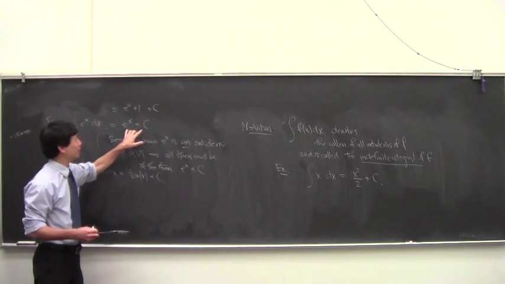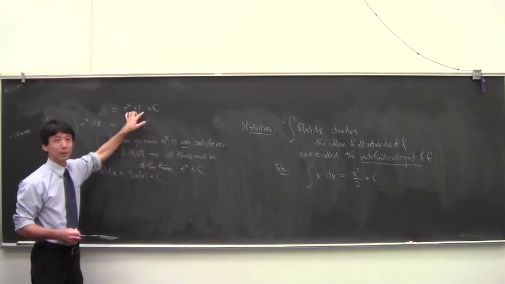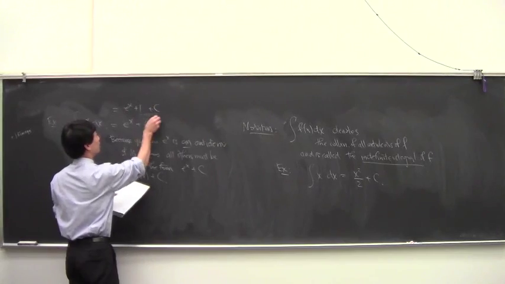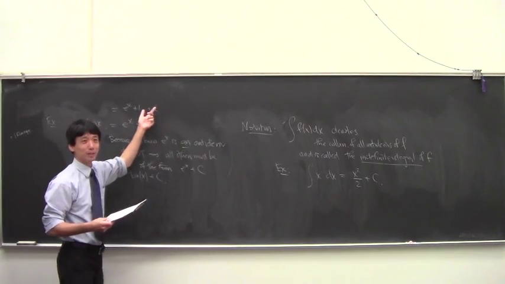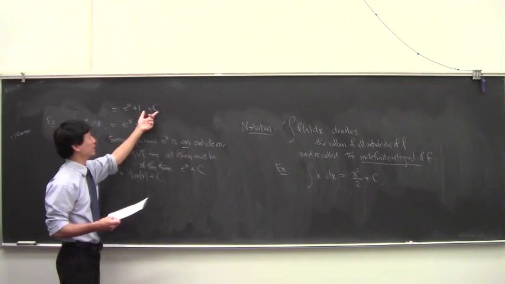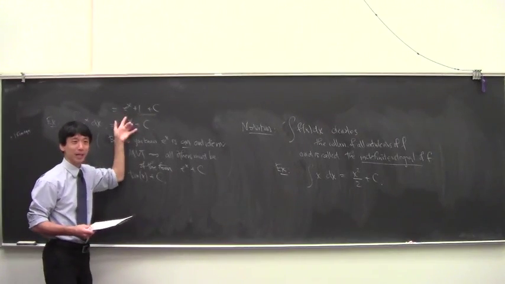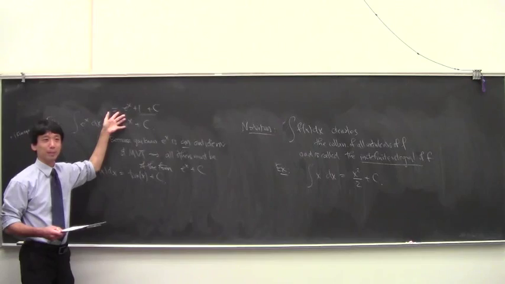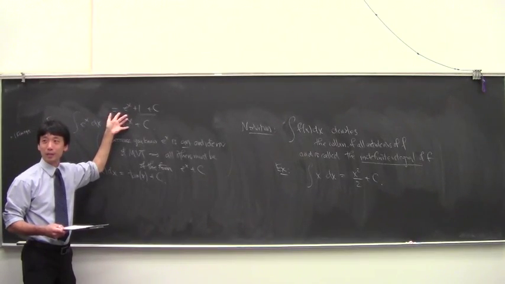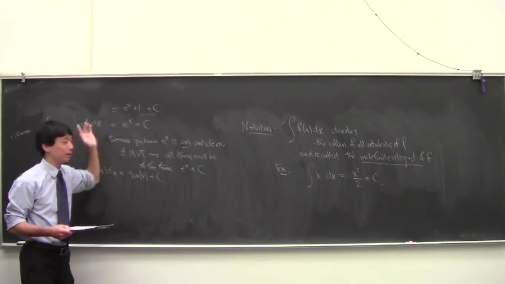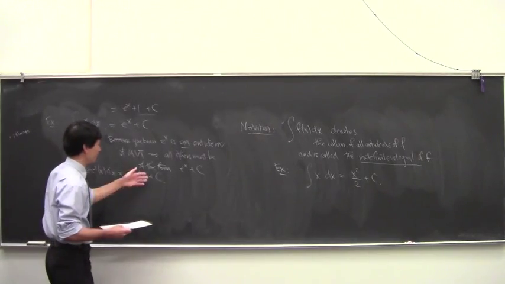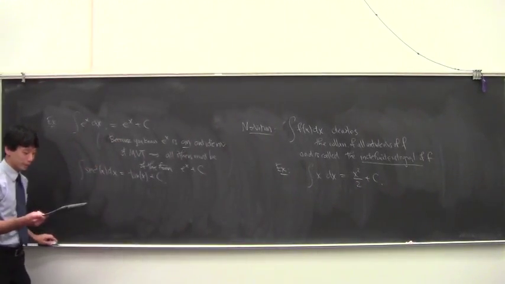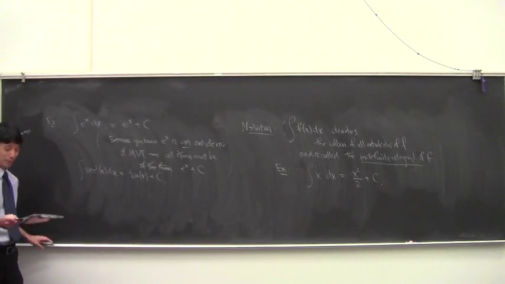But really, I'm just creating the same set of functions anyway, because I might as well absorb the 1 into the constant. That 1 is a constant anyway. I'm not really changing the set. I hope you see that these are the same answer. Is that clear? That's a perfectly legitimate if inefficient answer.